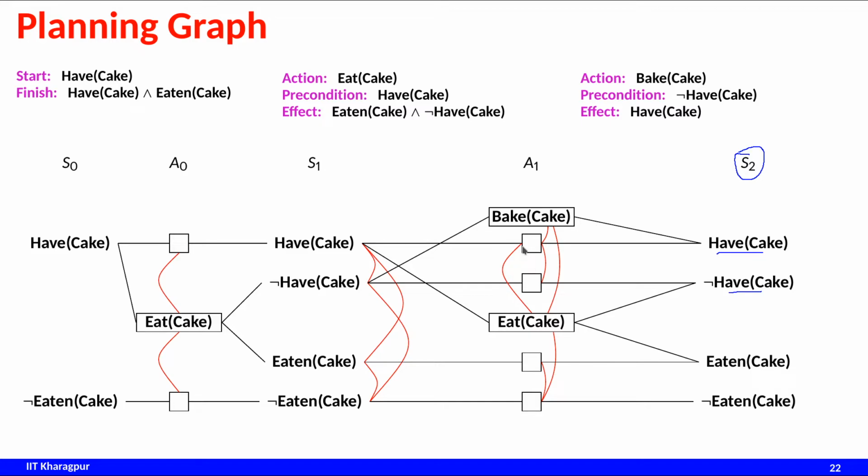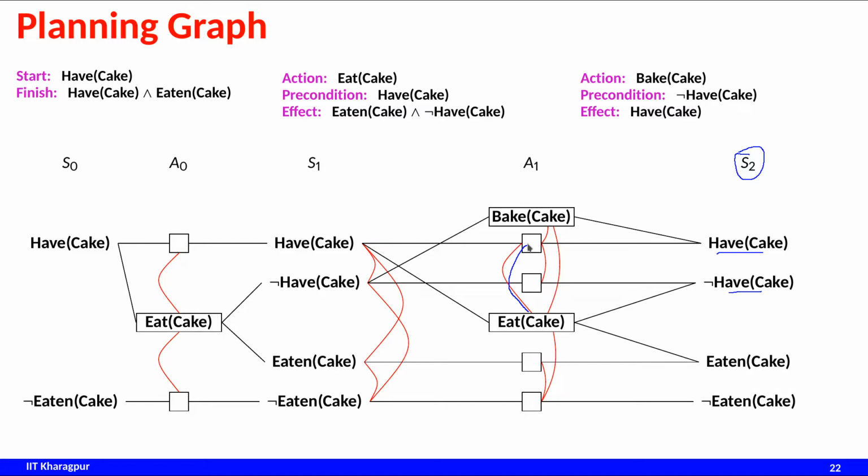Another thing to note here is that these persistent actions and eat cake are also mutually exclusive, because if I look at these two situations, eat cake results into not have cake, and this have cake results into have cake.